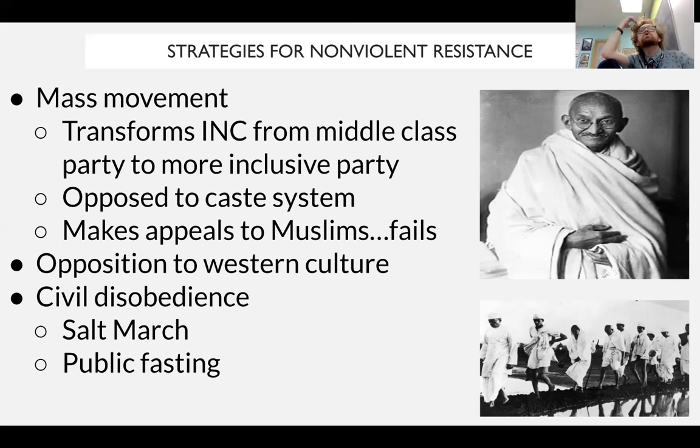But Gandhi is trying to make a sense of Indian nationalism. He's going to stress that India should be a place for Indians. It should not have elements of Western culture. It's for this reason Gandhi's actually going to ditch the suit and tie that we saw in the previous slide. He's going to adopt more traditional clothing in Indian society.